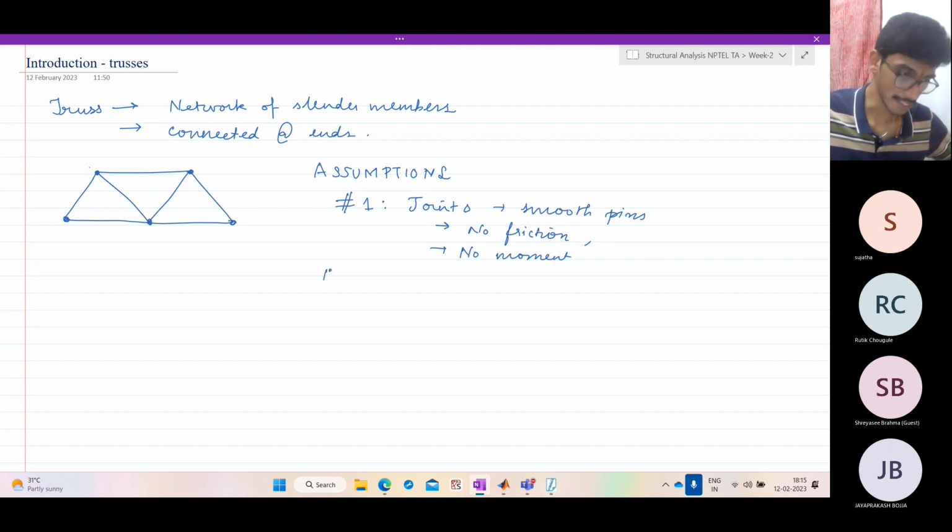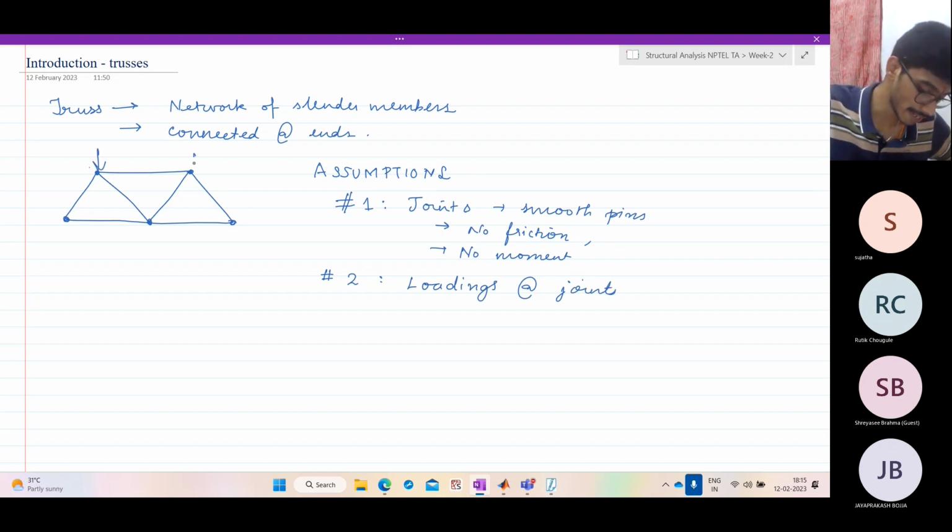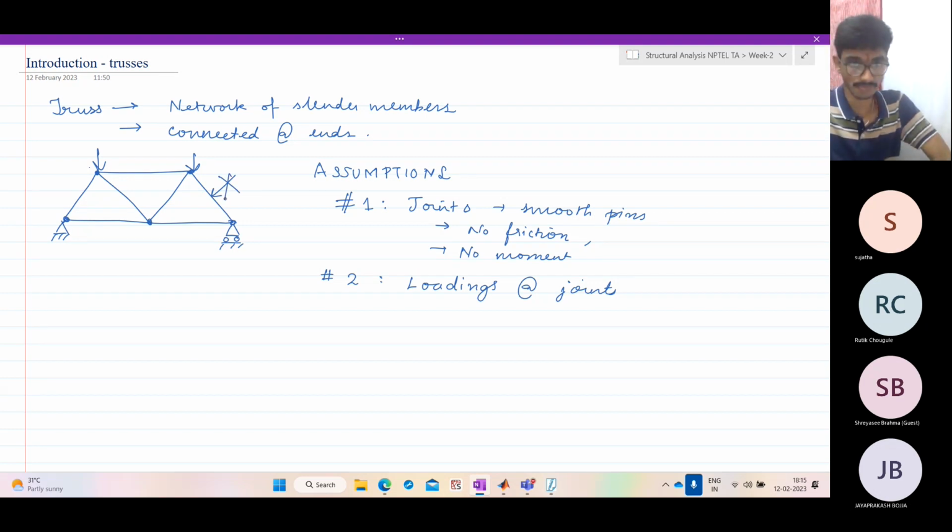The second assumption is that all loadings are applied at the joints. Any load has to be applied at the joints, and any support has also to be applied at the joints only. You cannot apply a load like this. This is wrong.